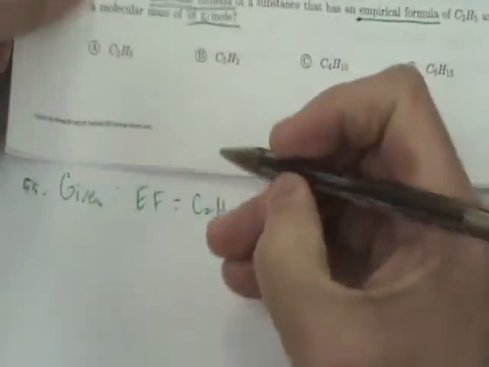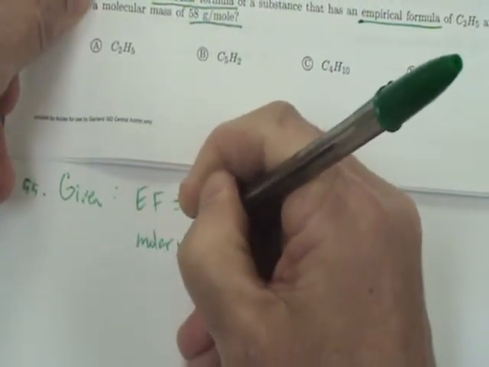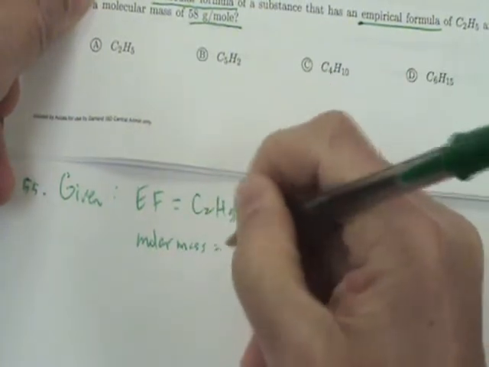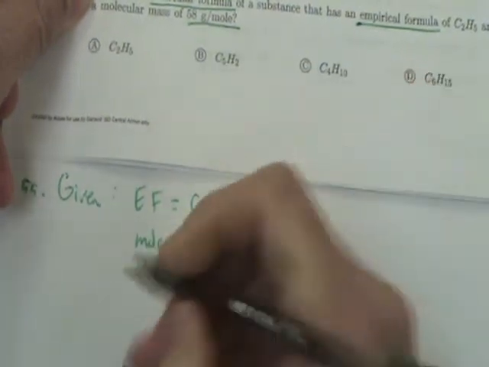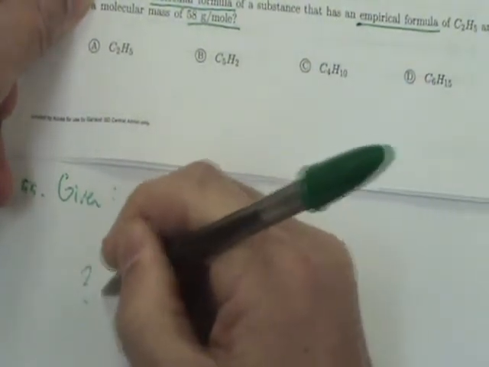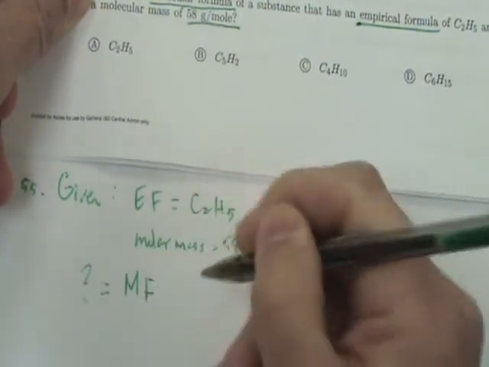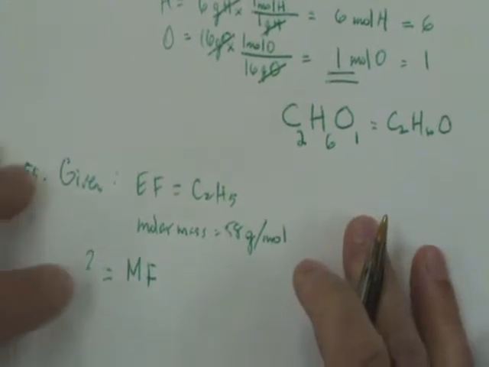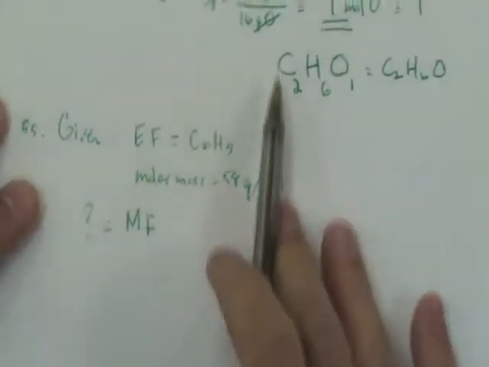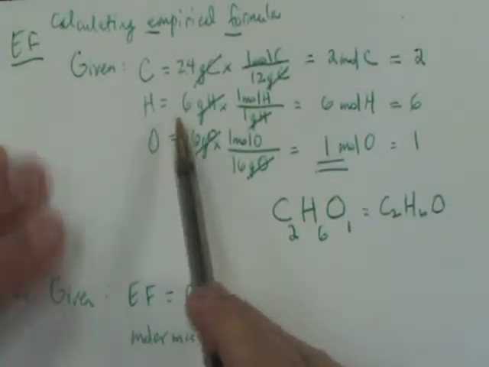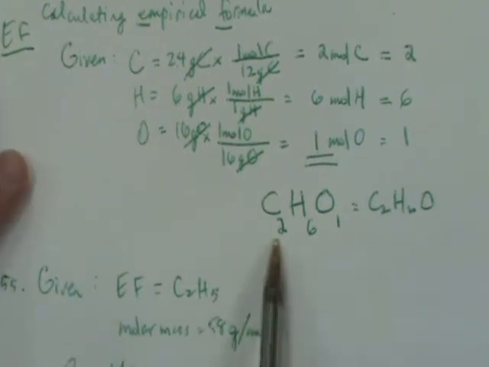C2H5 has a molar mass of 58 grams per mole. Now, what is it looking for? It's looking for your molecular formula, which I'm writing down as MF. Now, what's the difference between empirical and molecular formula? So remember, we looked at empirical formula earlier. It's the simplest whole number ratio of atoms to each other.